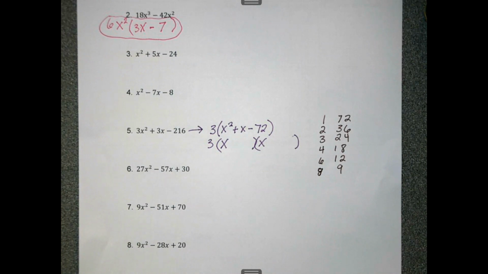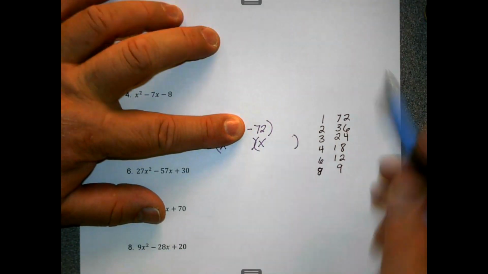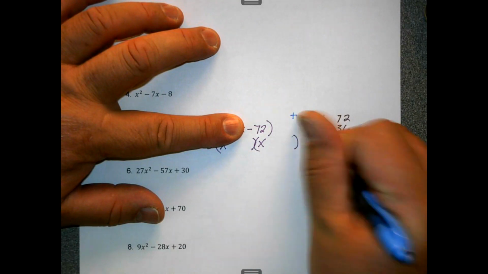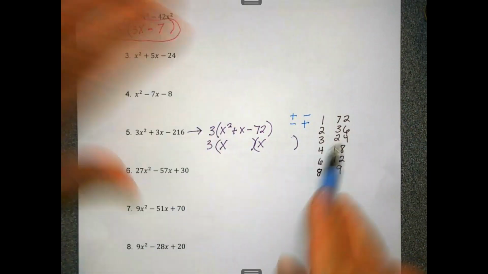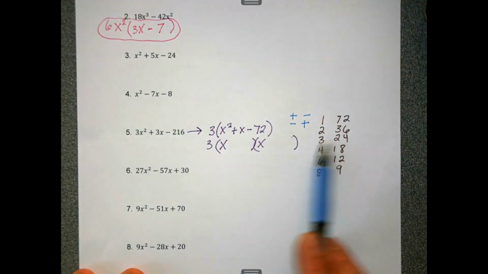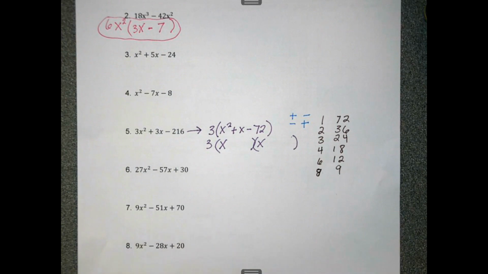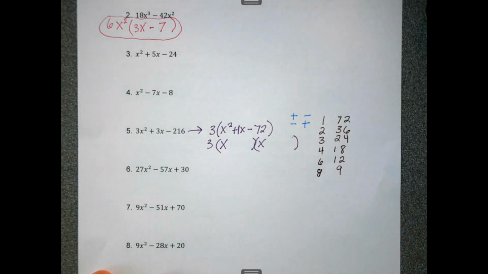All right. Then I look at the sign here. Okay, so I'm looking at the sign of 72. So it's a minus. So either it's going to be a plus times a minus or a minus times a plus, which means I'm going to be subtracting those factors. I'm going to be picking a pair of these factors and subtracting them. And they have to add up to a positive 1x here.